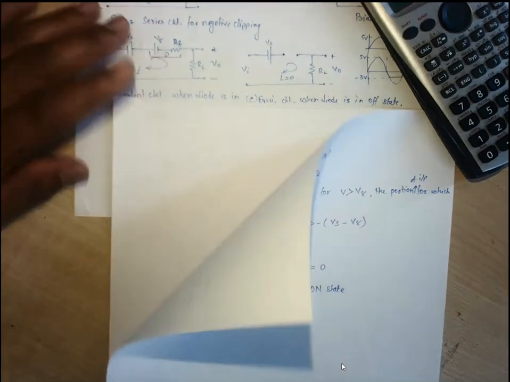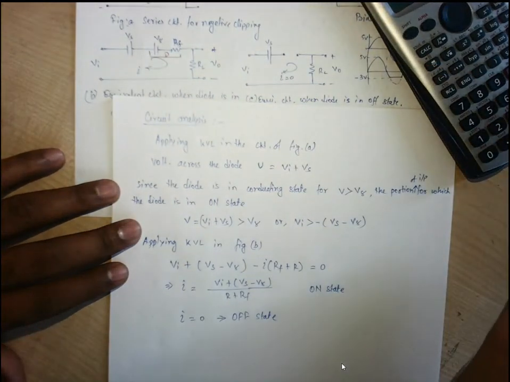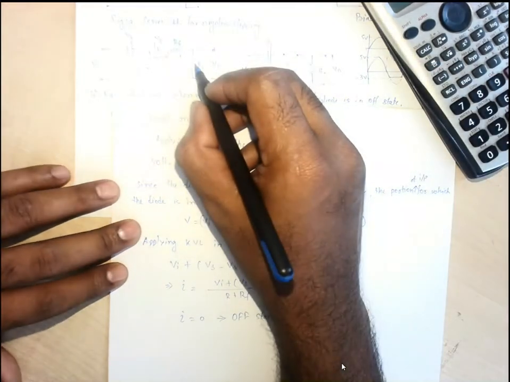So what will be the output of the clipper? Obviously I into RL. The output of the clipper will be I into RL during the on state.